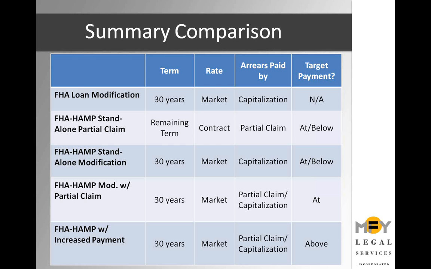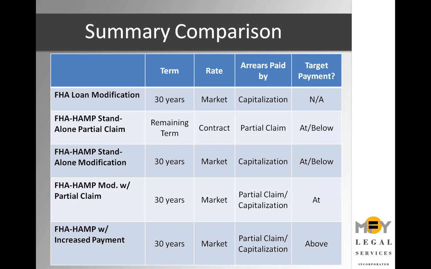Then next is FHA modification with the partial claim. Here, the term is again 30 years, the rate is again the market rate. The arrears are paid by a combination of capitalization and the partial claim, and this should bring the payment to exactly the target payment. Shouldn't be above, shouldn't be below, should be right there because they're only applying enough partial claim to exactly get you to the target.